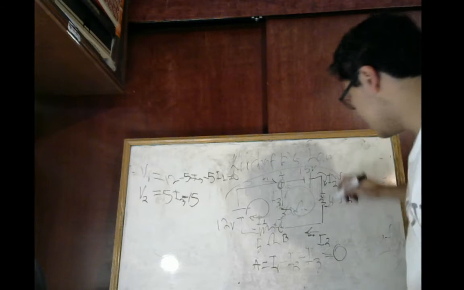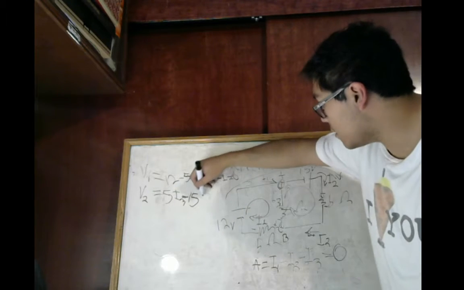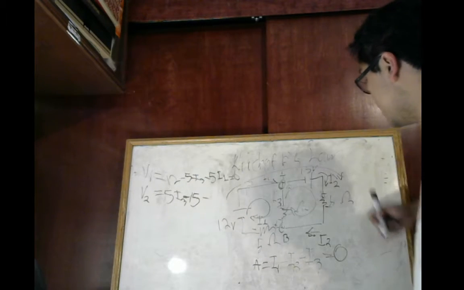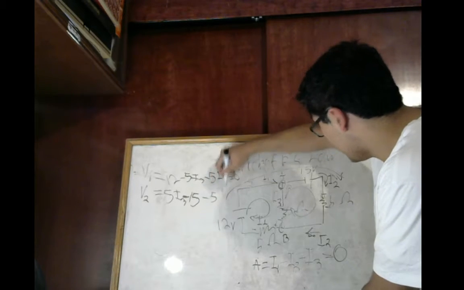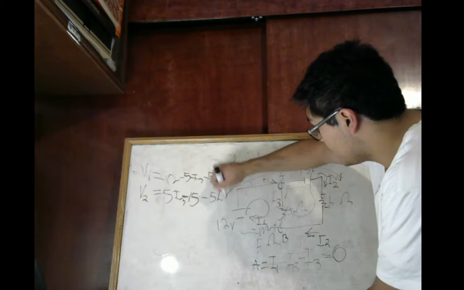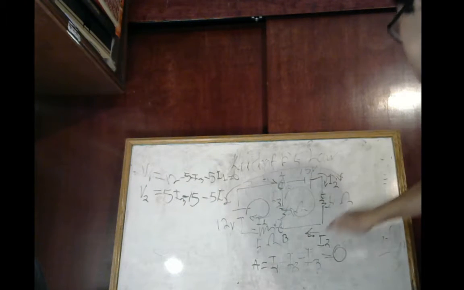It would be again a lower voltage, right? So it would be minus 5 I2, right? And then you could build the whole circuit right here.